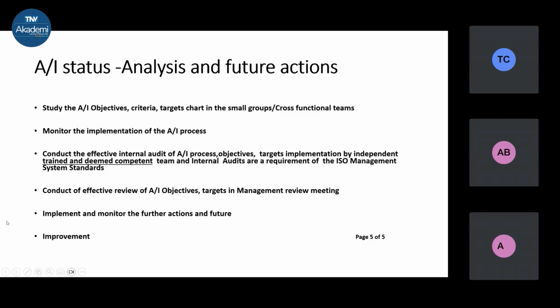When we do all this, the ultimate aim is to bring improvement into the application inquiry status, which will come by following, as we discussed earlier, PDCA: plan, do, check and act. Plan, do, check and improve. The Deming cycle, the Deming circle.